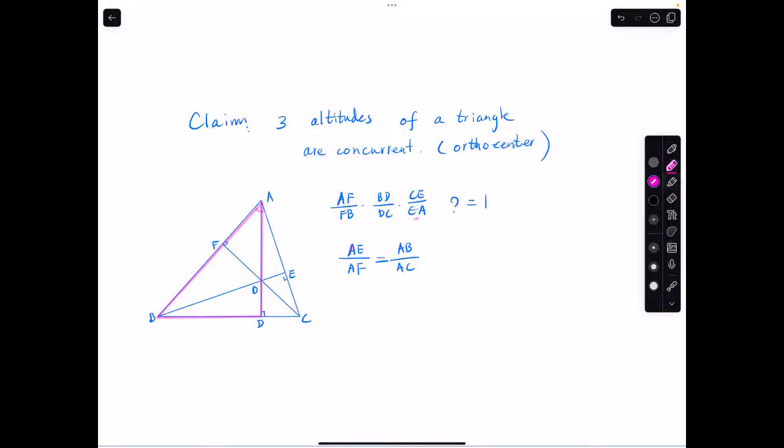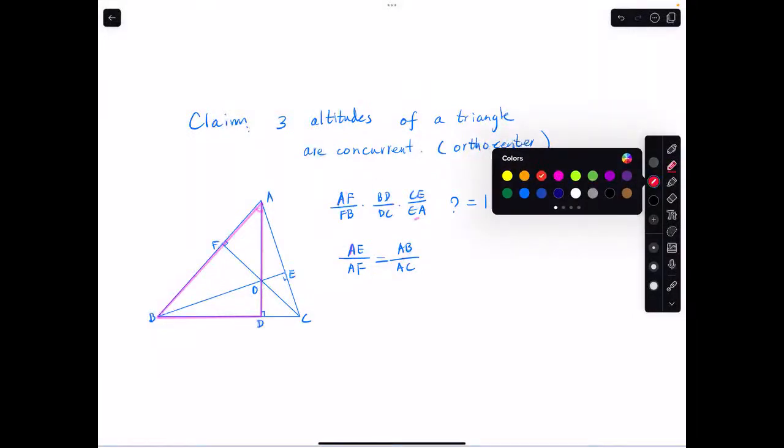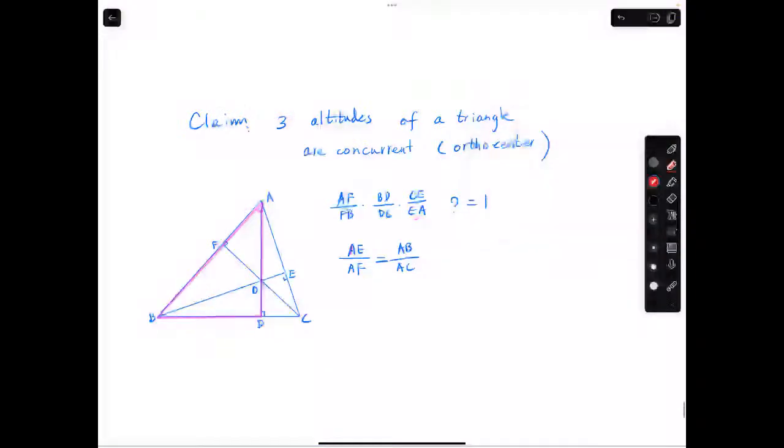And the other triangle here, let's change to a different color. The other one would be the BFC here.